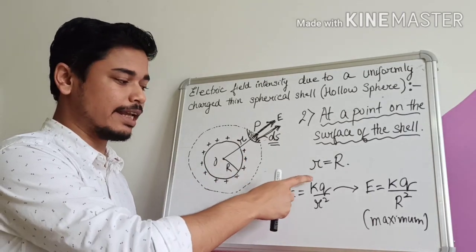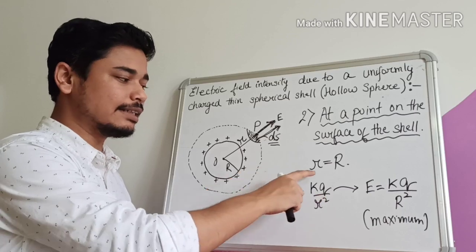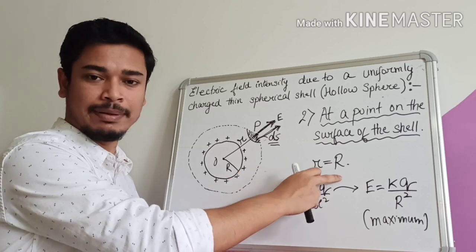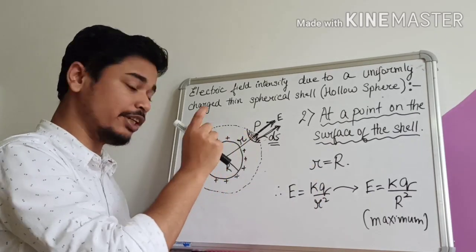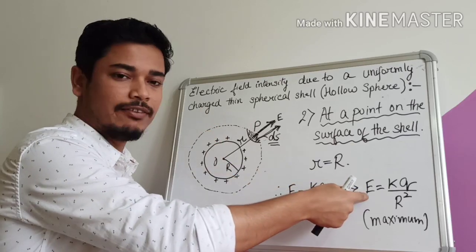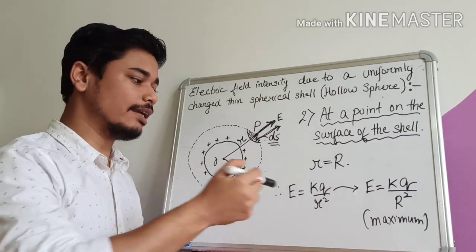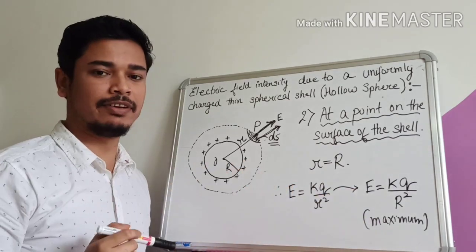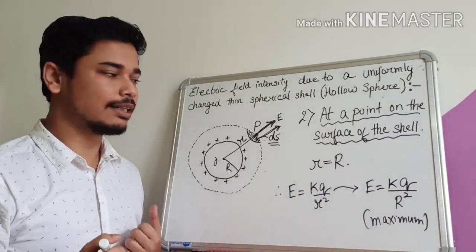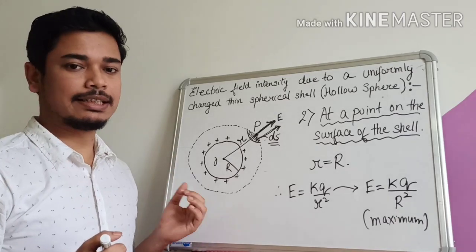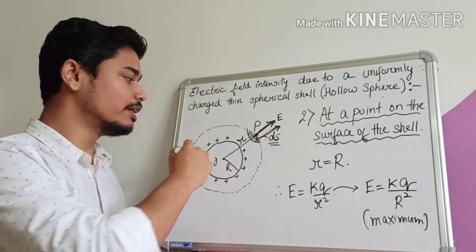The electric field is KQ divided by r square. In this case, small r is equal to capital R. This distance will be reduced to capital R. So what we have is the electric field to be KQ divided by capital R square. This is the maximum value of the electric field. So what we can conclude is that the electric field is the maximum if the point lies on the surface of the sphere.